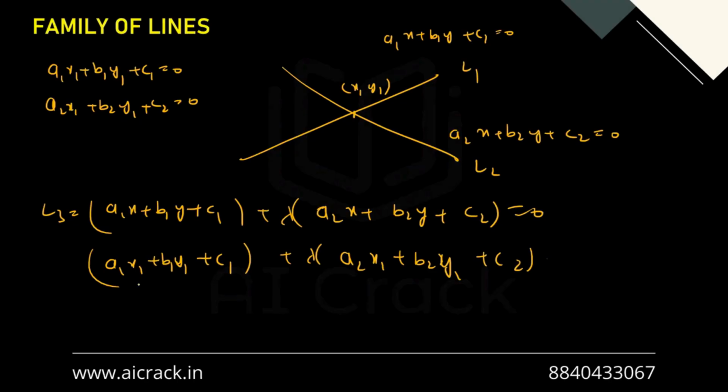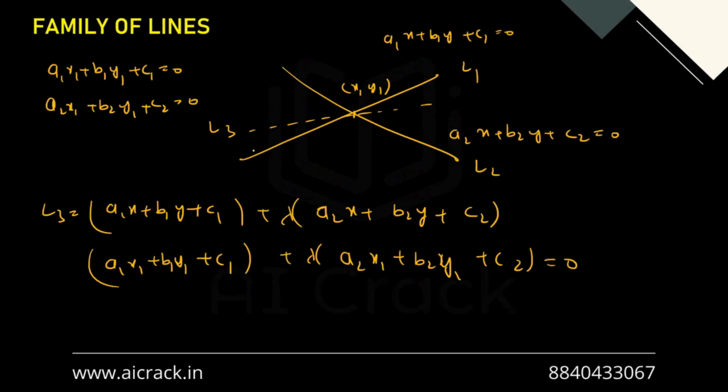And so basically this value is 0 because of this, and this value is also 0 because of this. So basically this is also 0. So with this we can say that this particular point is also satisfying this equation, and that means that this line L3 is also passing through the point of intersection of both L1 and L2, right? So this is how we have to solve questions of family of lines.